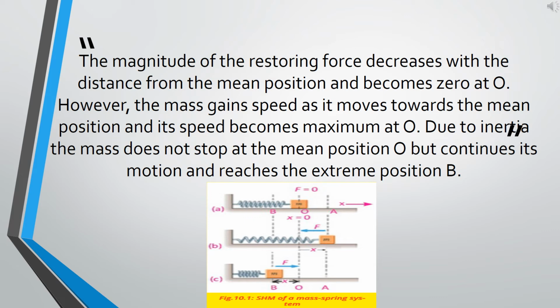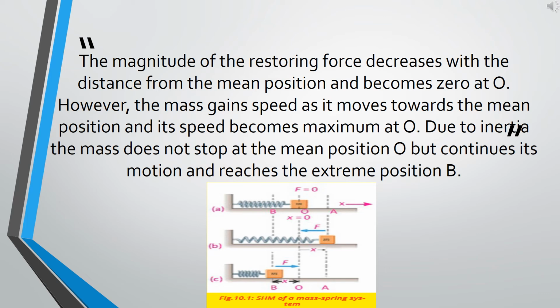Whenever a body comes back to its mean position, due to inertia it will not stop here. It will keep its motion continually, and it will move towards the other extreme position B. Due to inertia, the mass does not stop, as I have explained earlier.